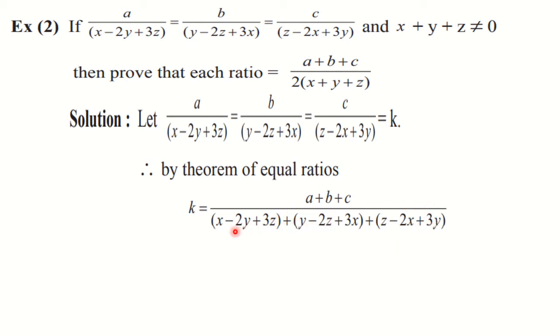So 4y minus 2y, so again you got 2y. Similarly for z, 3z plus z, 4z minus 2z, so 2z. So what you got here? 2x plus 2y plus 2z. Okay. So we have reduced this now by adding and subtracting the like terms. So we got a plus b plus c upon 2x plus 2y plus 2z.